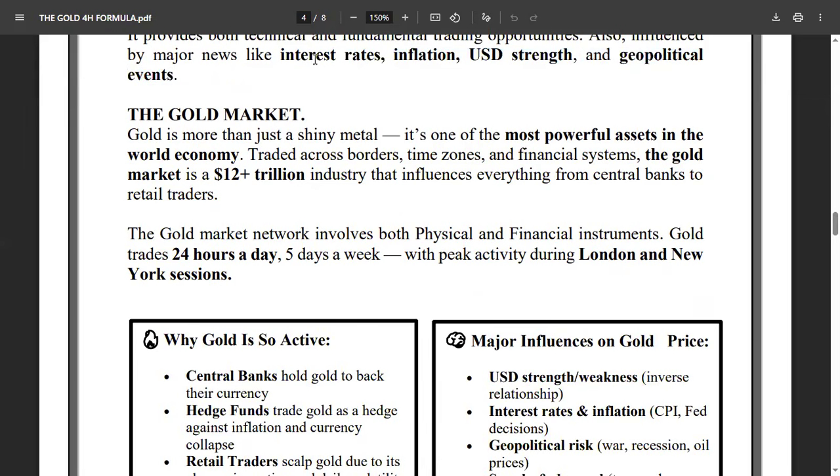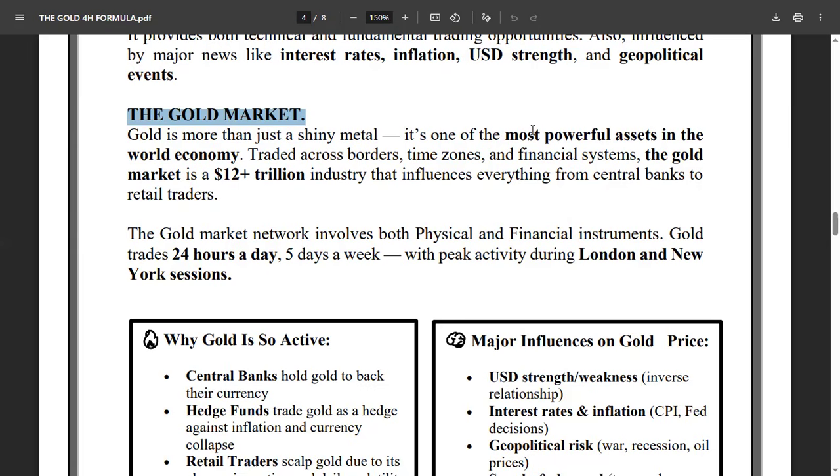Now, let's dive deep into the gold market. Gold as the physical commodity, not as a pair that we trade all the time. This gold is the most powerful asset in the world economy. Why? Because most of the governments and central banks use gold to preserve their currencies and the economy.